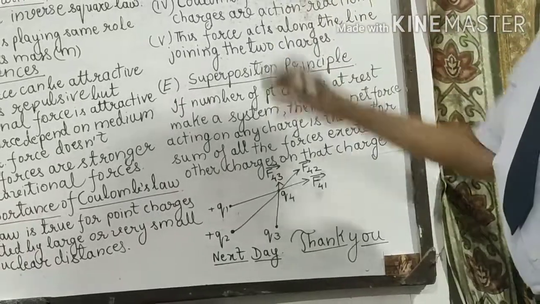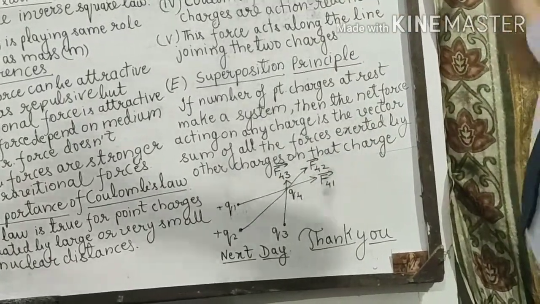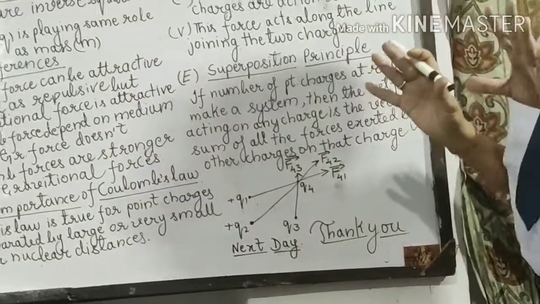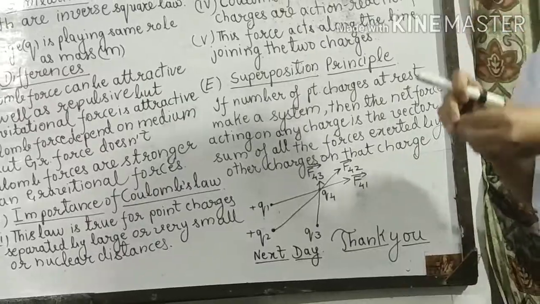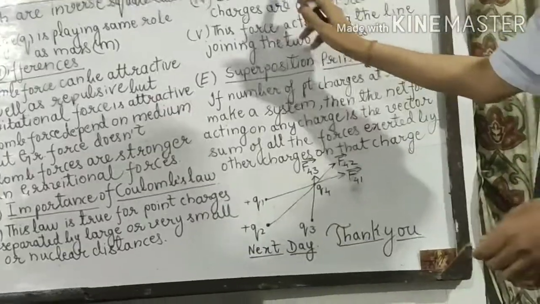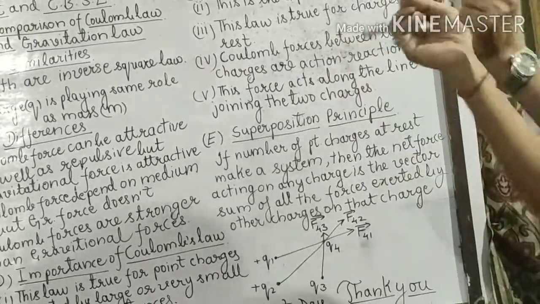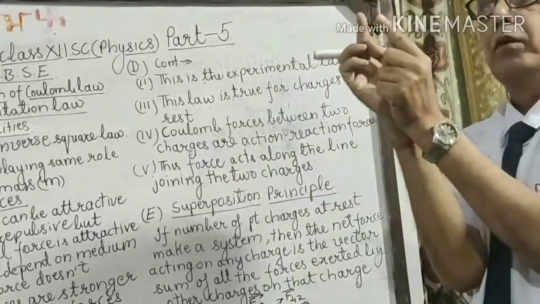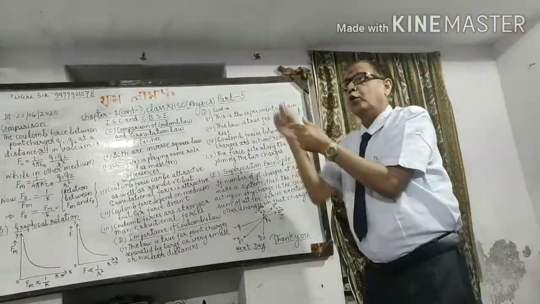Many charges are present, Q1, Q2, Q3, Q4, up to Qn, but all are at rest. As I have already told you, Coulomb forces are action and reaction, so they will make pairs: Q1 and Q2, Q1 and Q3, Q1 and Q4, Q2 and Q3.